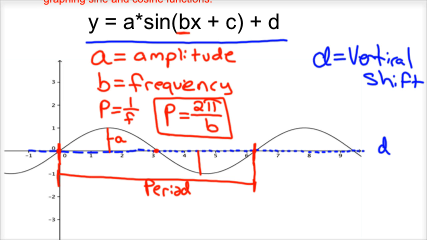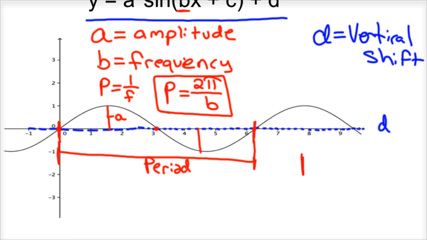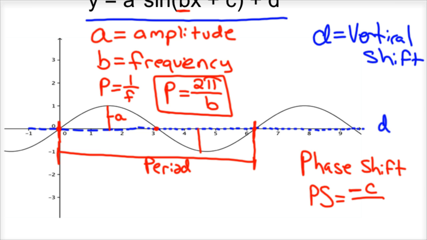And then c is the last thing, and it's called phase shift. Phase shift determines how far left or right your graph is going to shift from 0, 0 here. And so to find phase shift, which I'm going to call PS, you would take negative c, oh my gosh, not negative 6, negative c divided by b.